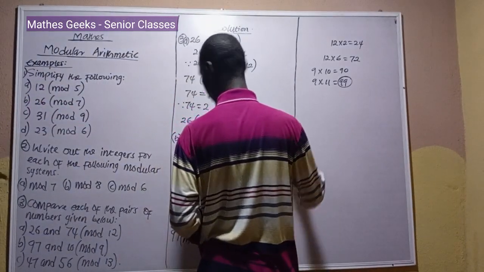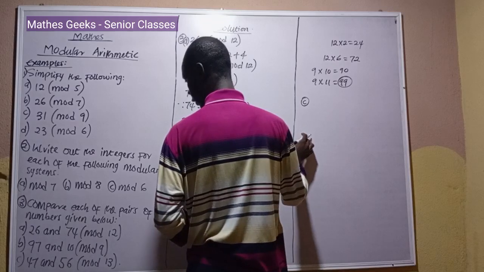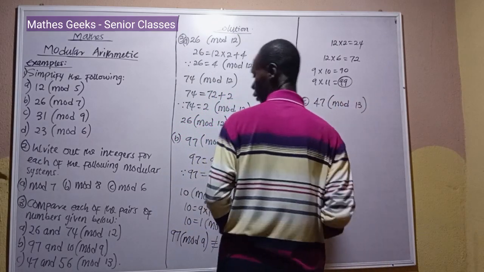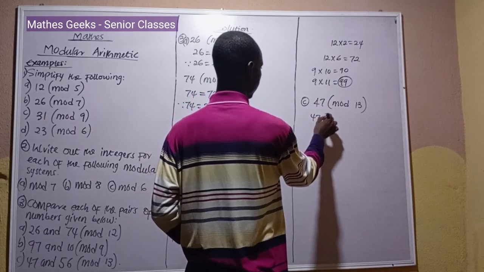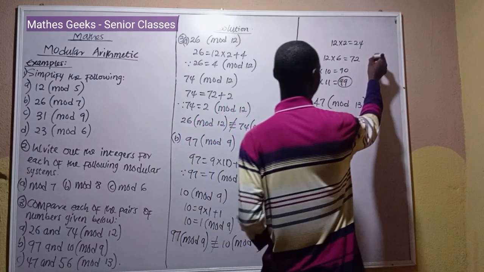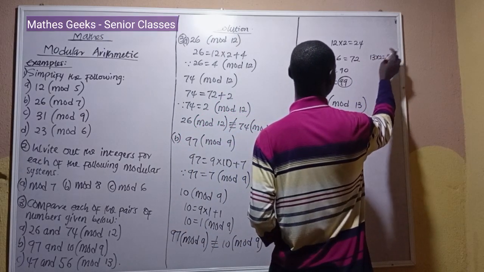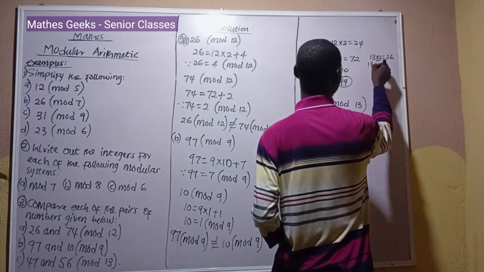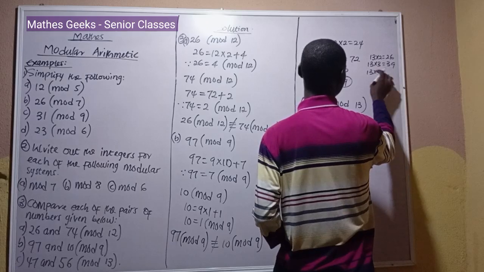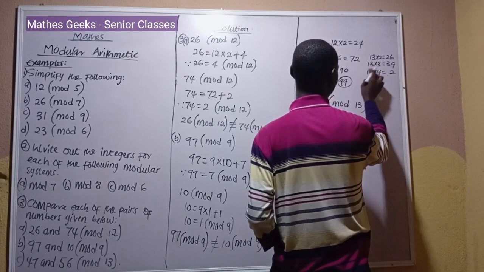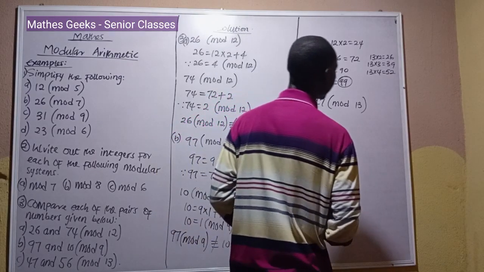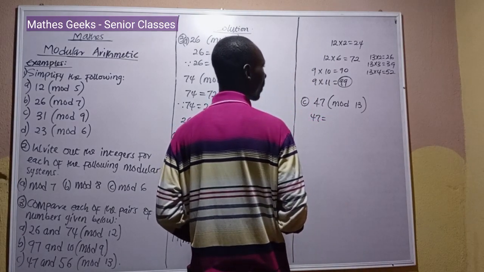So see here, 47 in mod 13. 47 equals the multiple of 13 that is closest to 47. Let's find out. 13 times 2 will give us 26. 13 times 3 is 39. 13 times 4 is 52.